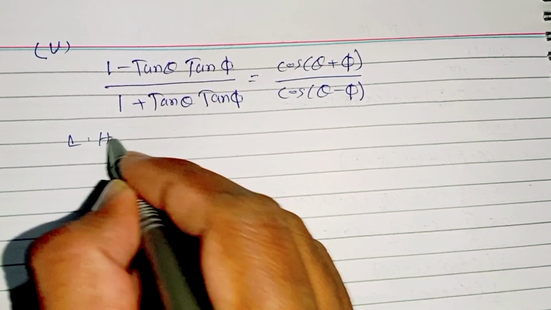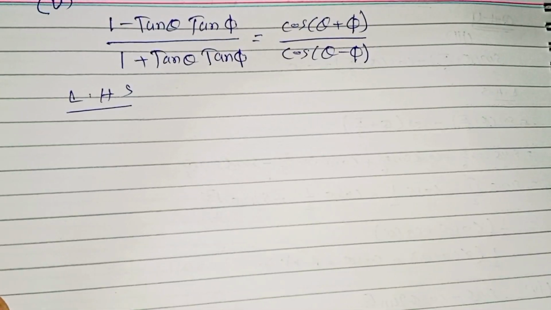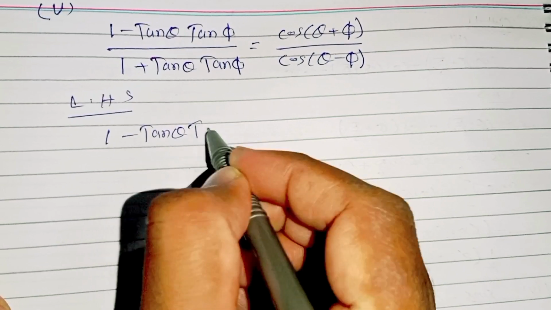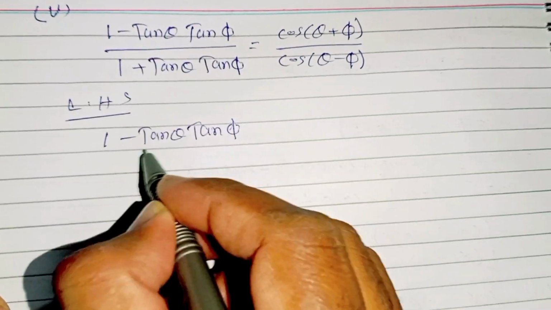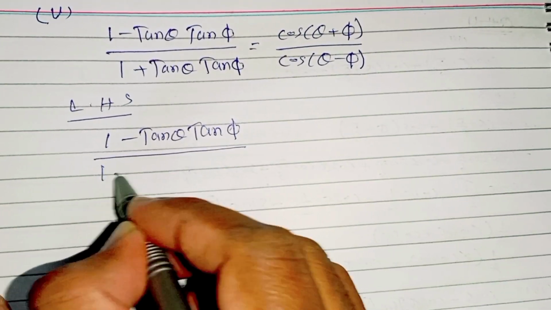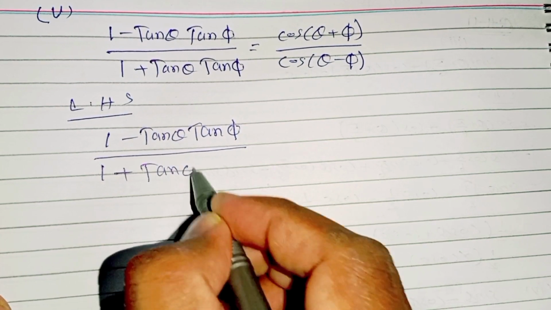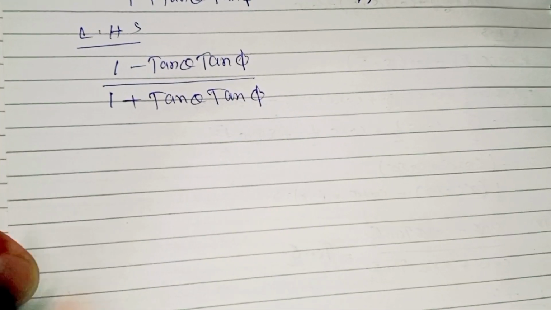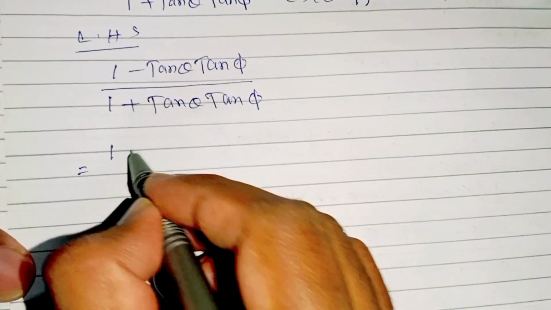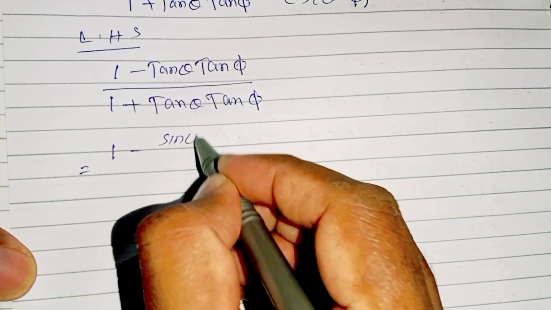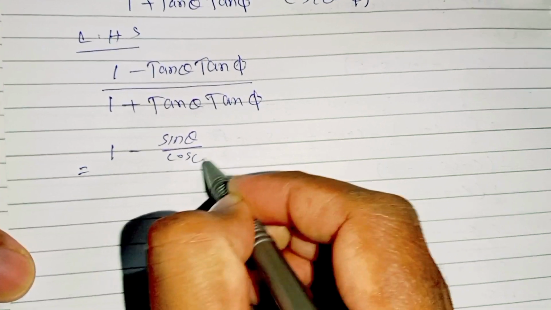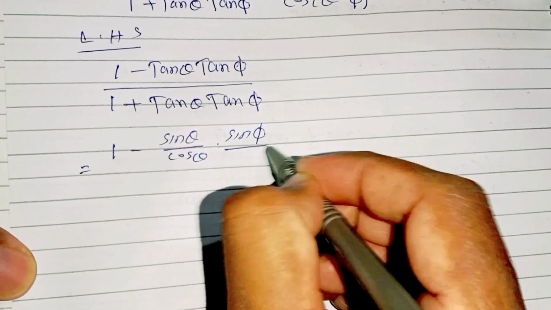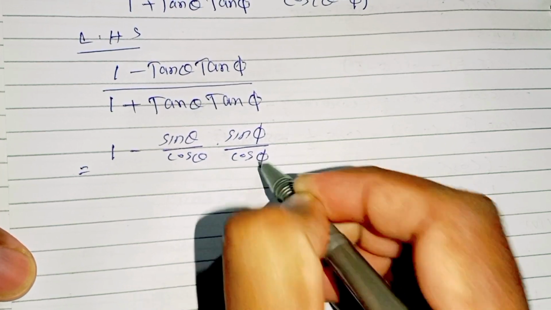Taking left hand side, we have (1 minus tan theta tan phi) over (1 plus tan theta tan phi). We know that tan theta is equal to sin theta over cos theta, and tan phi will become sin phi over cos phi.